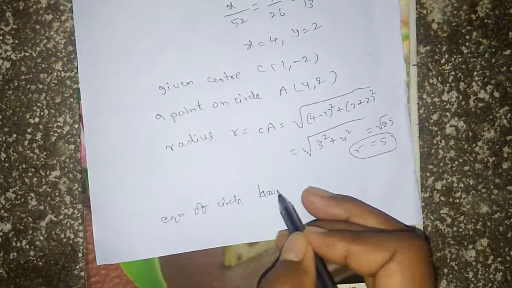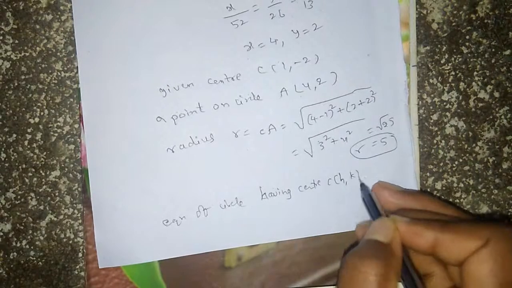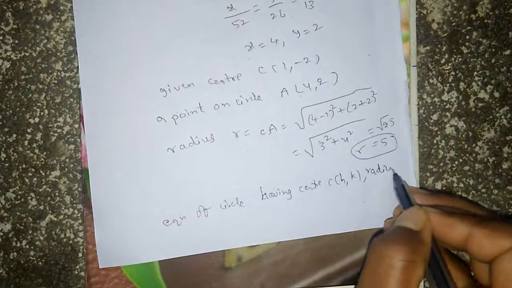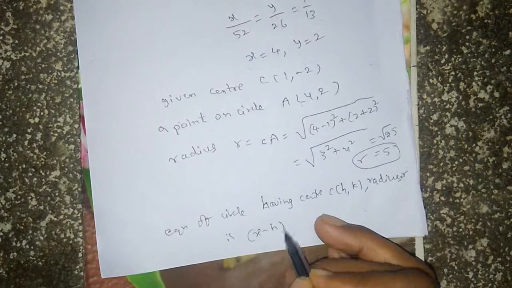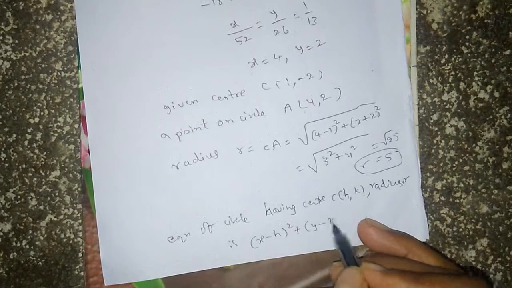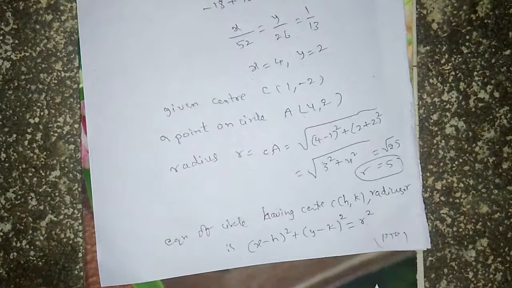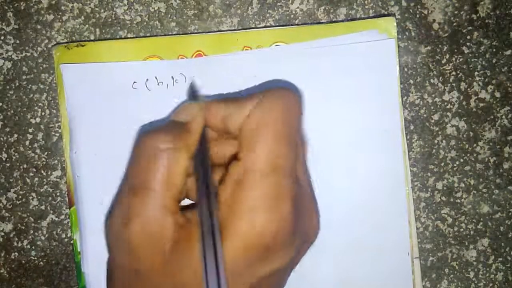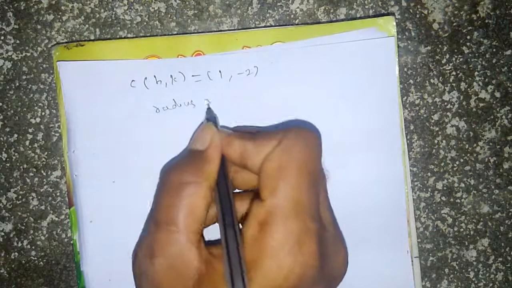Therefore the equation of a circle having center C (h, k) and radius r is (x - h)² + (y - k)² = r². Here the center (h, k) is given as (1, -2) and the radius r is equal to 5.